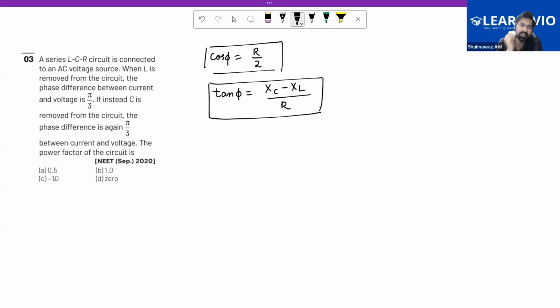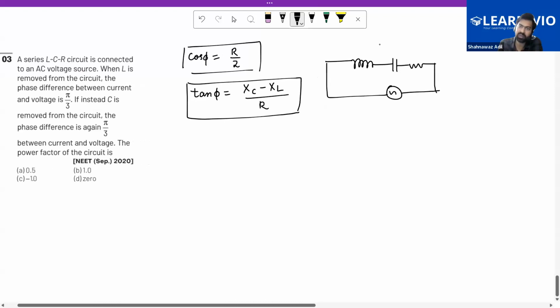Let's say we have this circuit: inductor, then capacitor, and then resistor. So this is the initial case, in which we have some phi that we don't know.